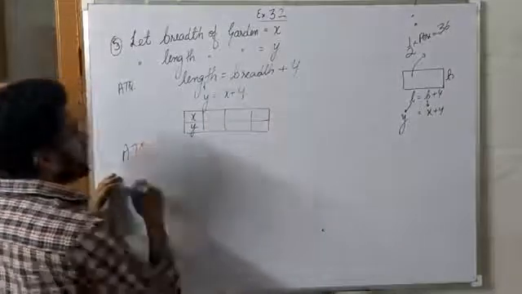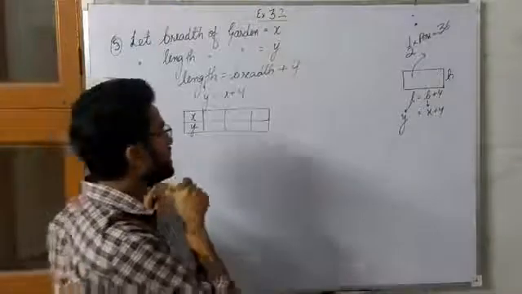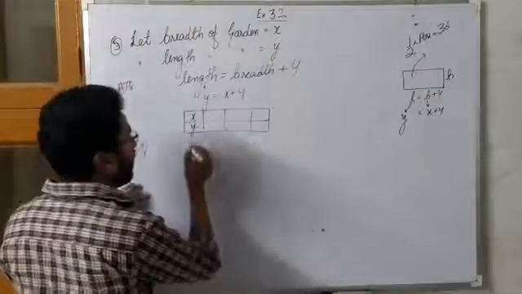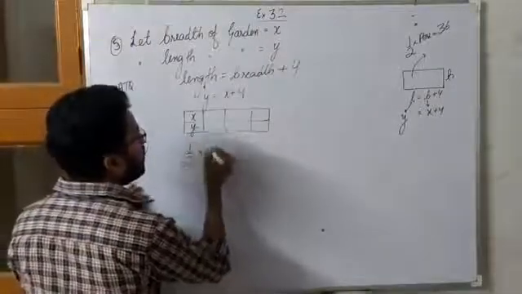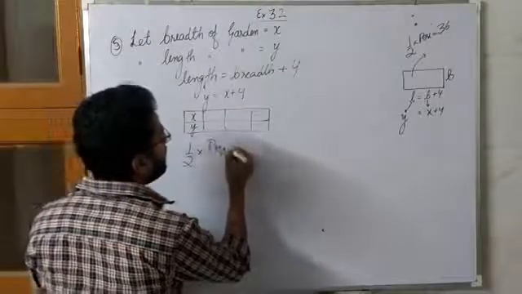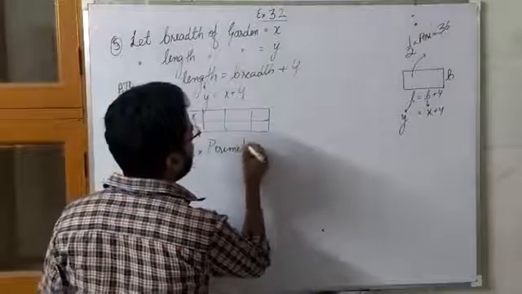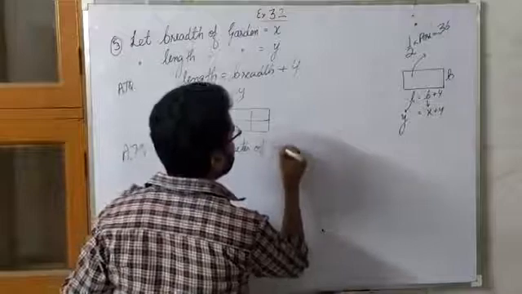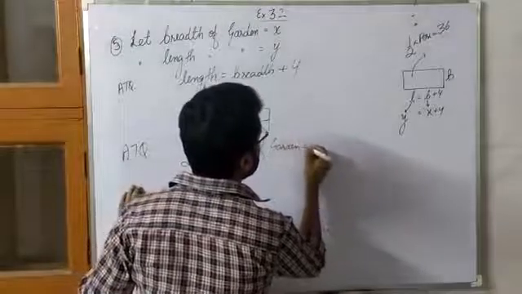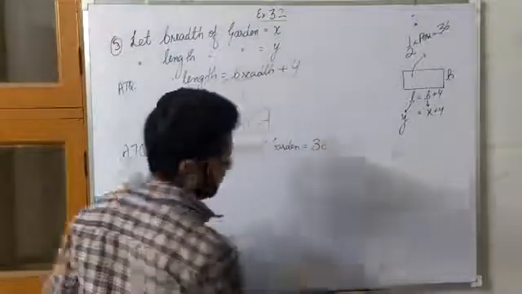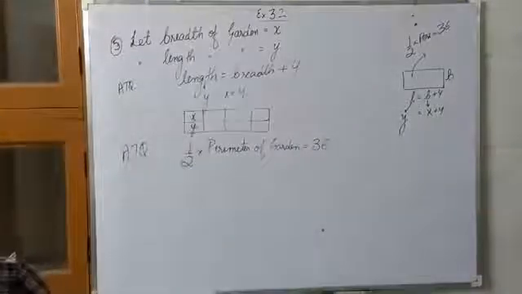Second condition, according to the question, what is the second thing said: that when you take half of the perimeter of the garden, then you get 36, right? This was only the condition.